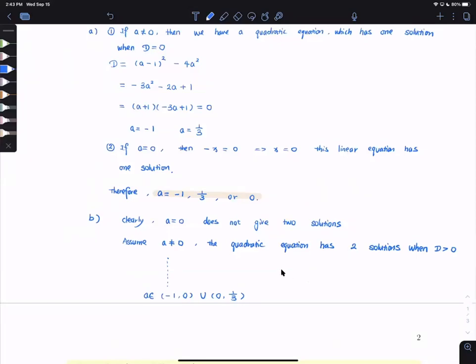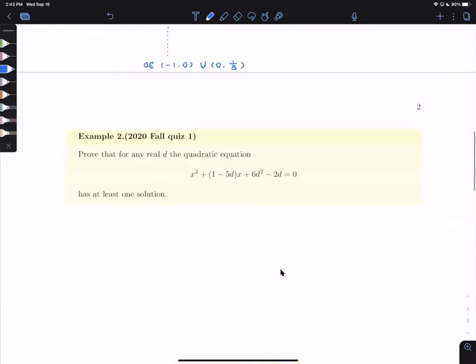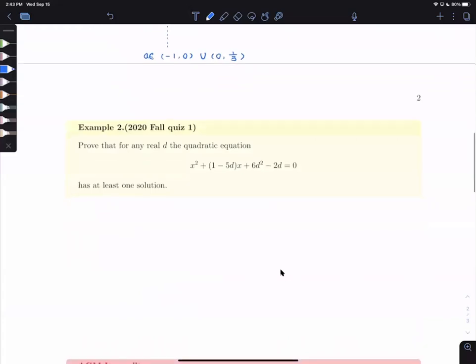Any question? Are we good? Yes. Okay, cool. Move on. Example 2. This is a quiz question from last year.